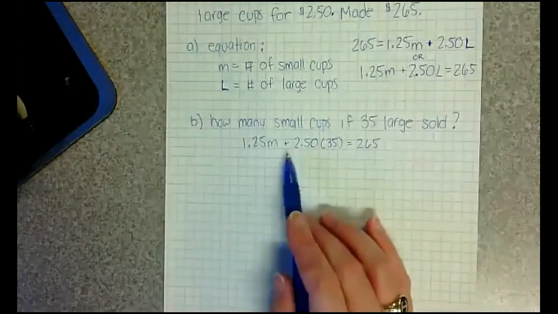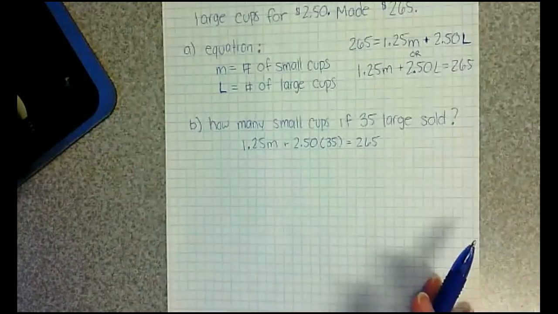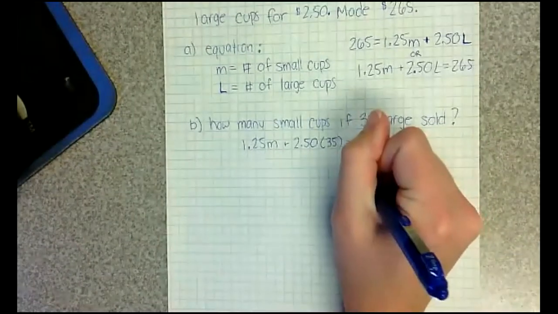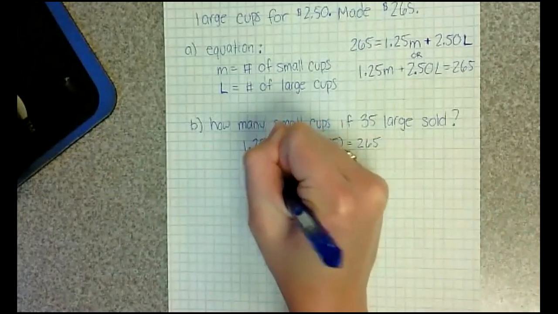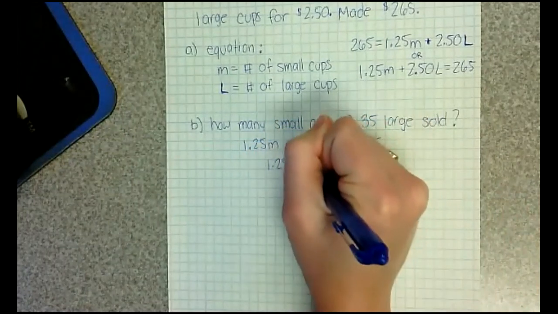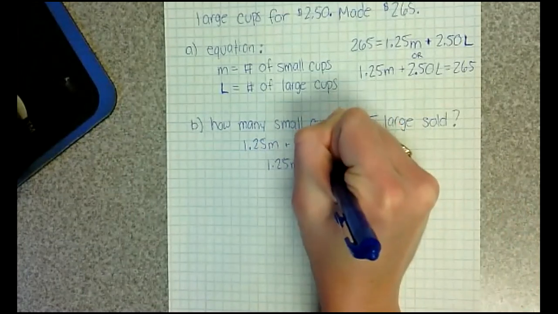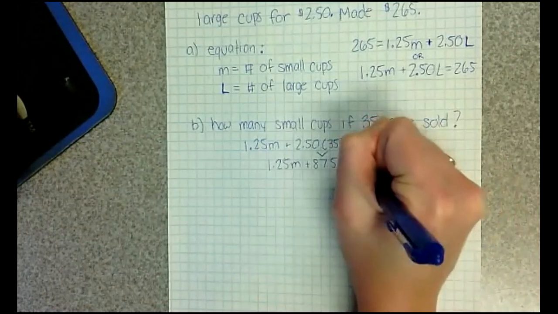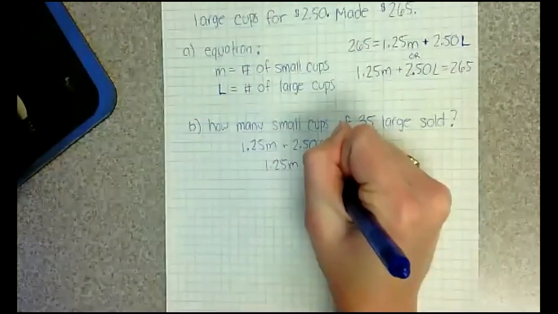Okay, 125N plus 250 times 35 equals 265. And so from here, now we're simplifying. 250 times 35 gets me to 87.5.